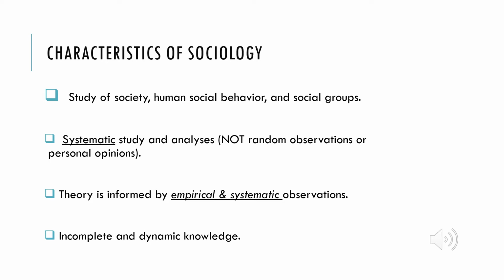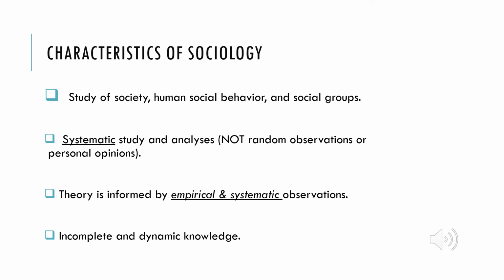So when we say that something is systematic, it means that there's a system in place, right? And one of the ways that we can think about that is the scientific method, right? And what this means is that it's not just random observations or personal opinions and experiences that informs the body of knowledge that makes up sociology.